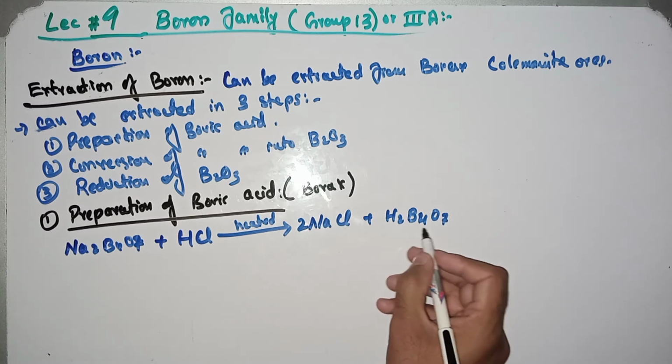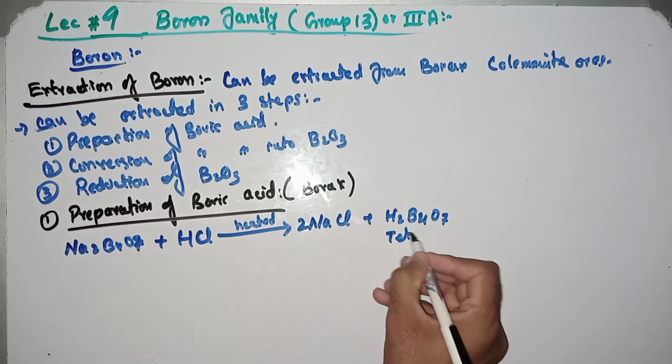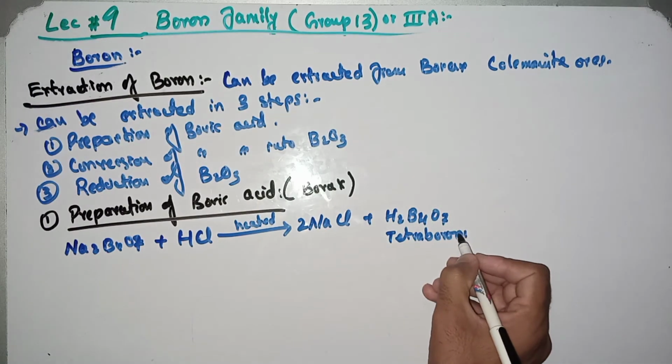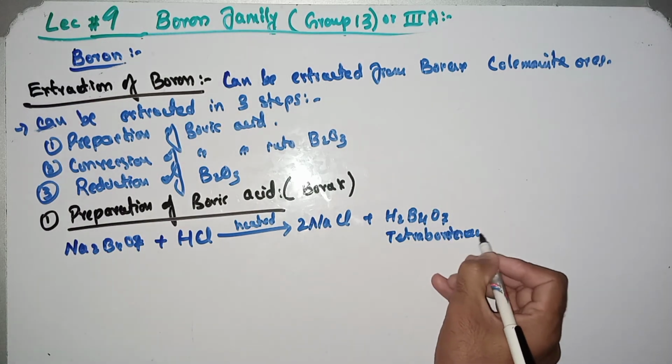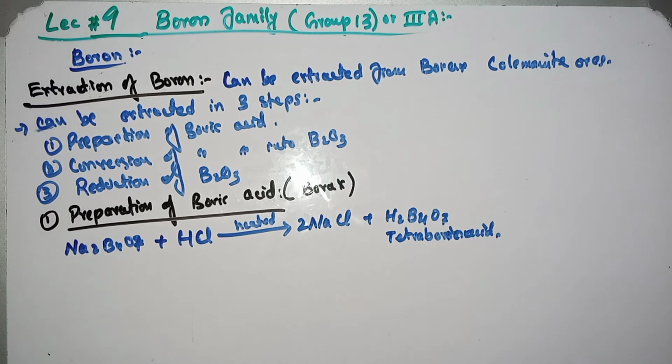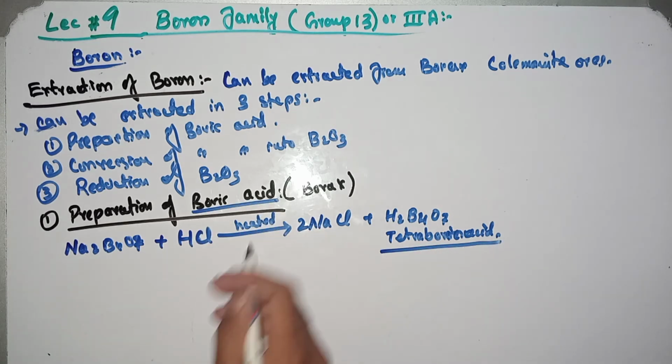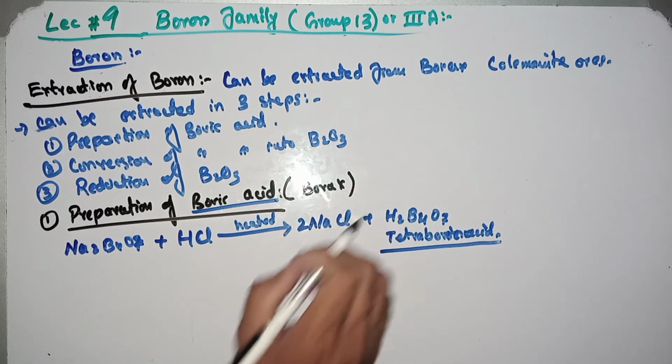This is tetraboric acid, because here 4 borons are used. This tetraboric acid belongs to the boric acid family. So boric acid can be prepared from borax.